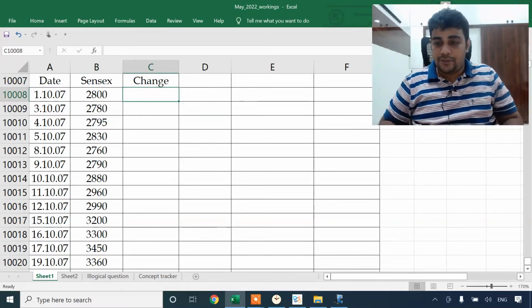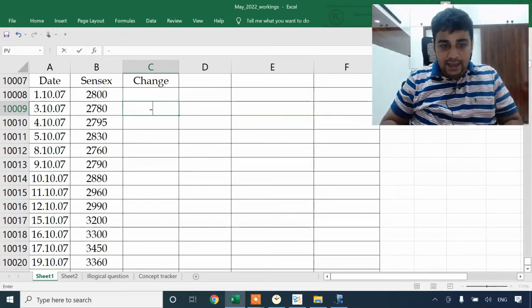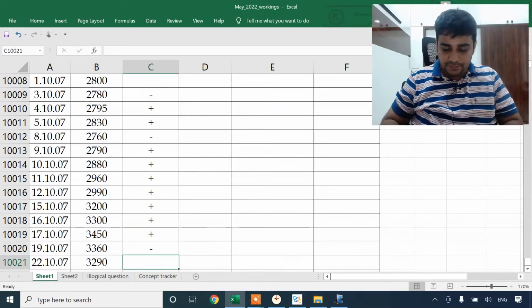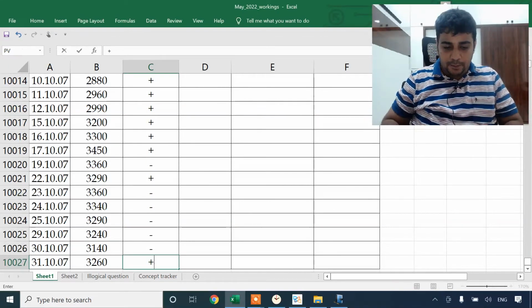Change. First observation, there cannot be any change because that's the starting point. Negative change, positive change. 2800 came down, positive change, negative, positive, positive, positive, positive, positive, positive, positive, negative, positive, negative, negative, negative, negative, negative, positive.